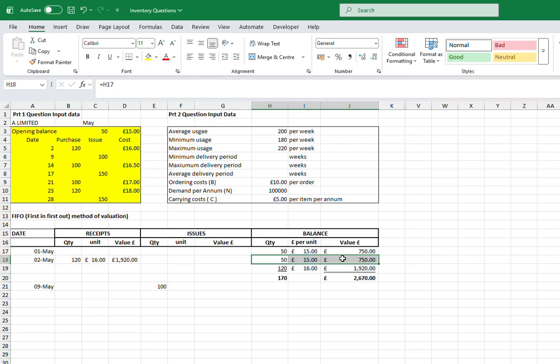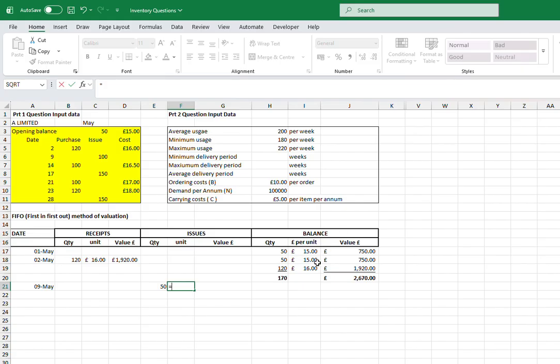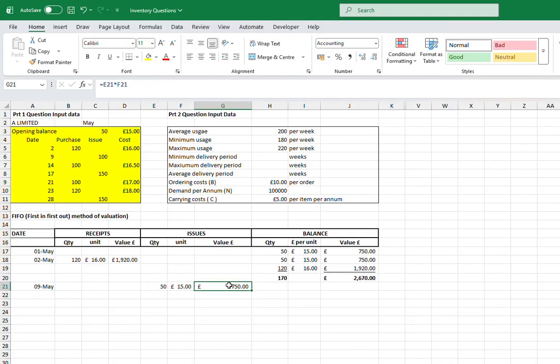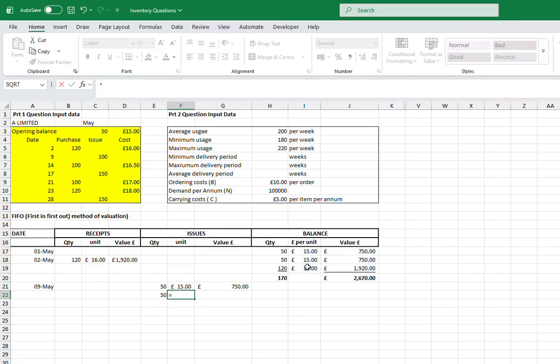So we can't take 100 of that first lot, we can only take 50, which has a total value of 750. We still need another 50, because it's 100 that we're looking for. So we're going to take 50 out of this 120. There it's £16.